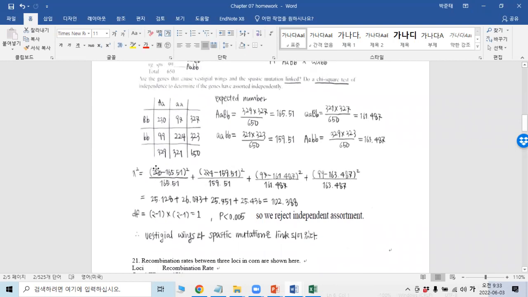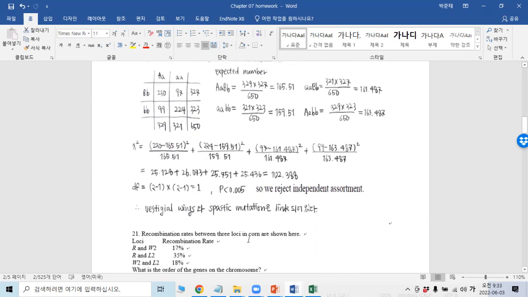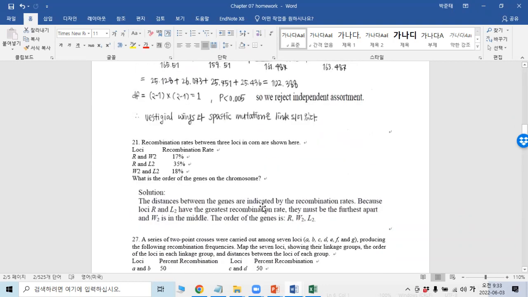First of all, we have to calculate the chi-square number, and also the degrees of freedom. Based on this, P is less than 0.05, so we can reject independent assortment. It means that the two genes are linked to each other.